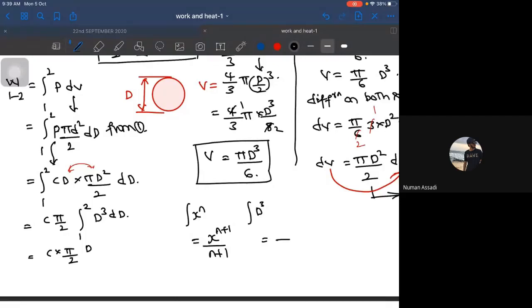Nartan Yasan? Niharika, so what's the integration of d cube?